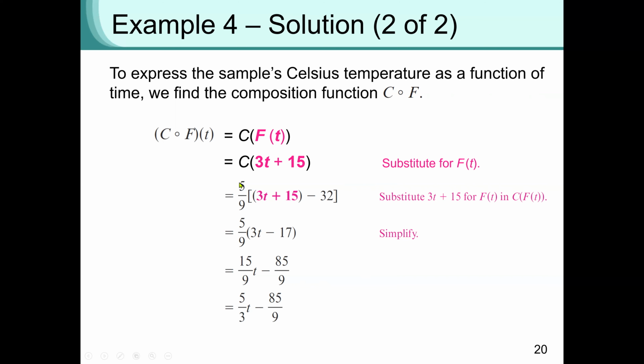The formula for C is 5 by 9 times 3t plus 15 minus 32. Then we solve the equation. So this is the concept of using a composite function. We are changing the degrees from Fahrenheit to Celsius, and we have the formula 5/9 times the temperature in Fahrenheit minus 32. And since the Fahrenheit is 3t plus 15, we substitute it and we find the solution.